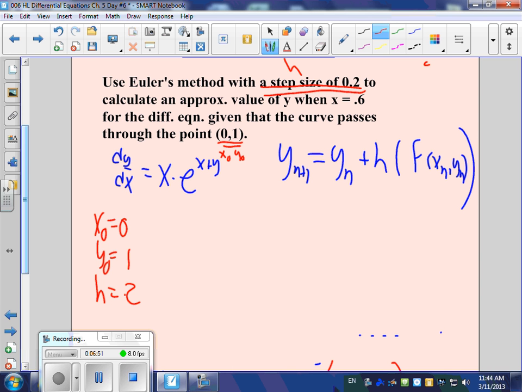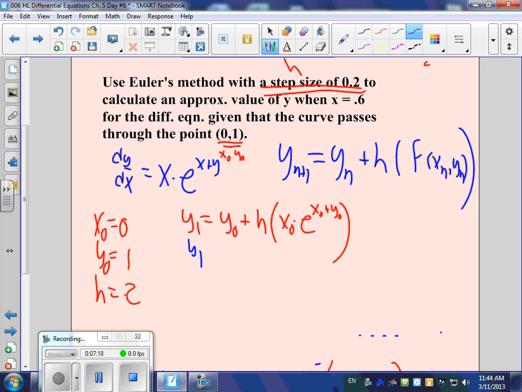Personally, when I'm doing Euler's method, I like to start with the formula y1 equals y0 plus h times x0 e to the x0 plus y0. That's the way I like to start it out. You do not have to write that out every time. It really helps me organize myself.